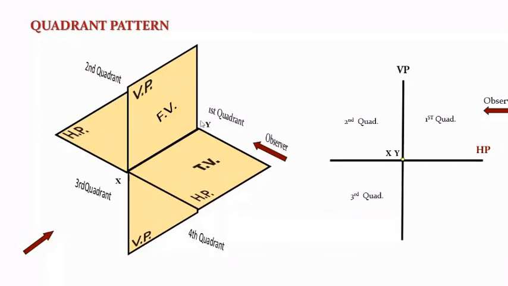If it is in the first quadrant, this will be rotated like this for 90 degrees clockwise. If it is in the second quadrant, this will be rotated for 90 degrees clockwise. So in the second quadrant, if I rotate it for 90 degrees clockwise, what will happen?